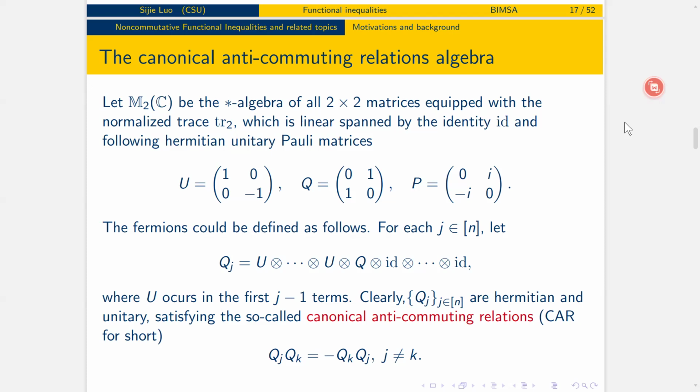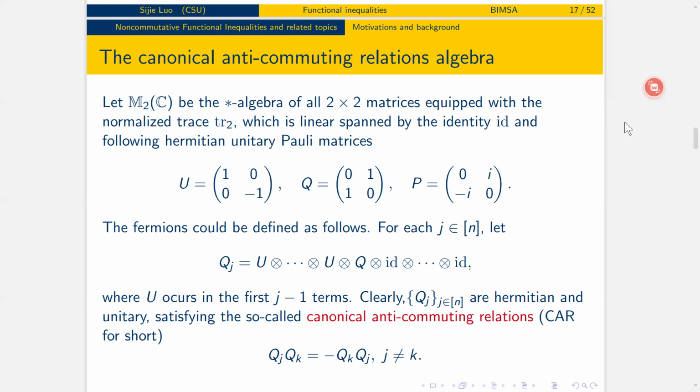So you can view this q_j as a non-commutative Rademacher random variable. Then q_j is self-adjoint and unitary and satisfies the following CAR relations.